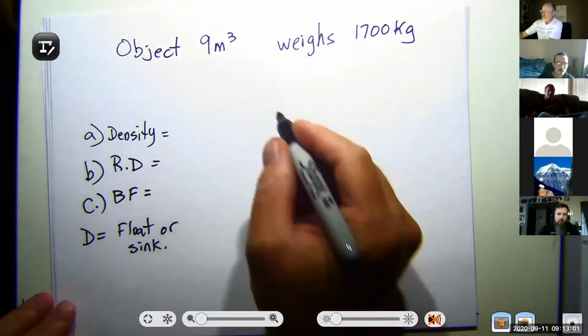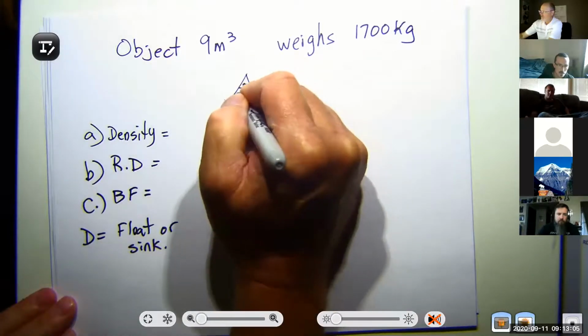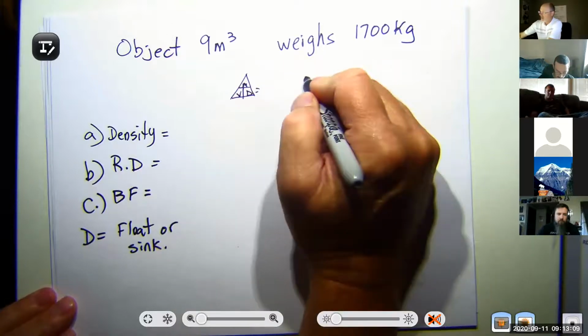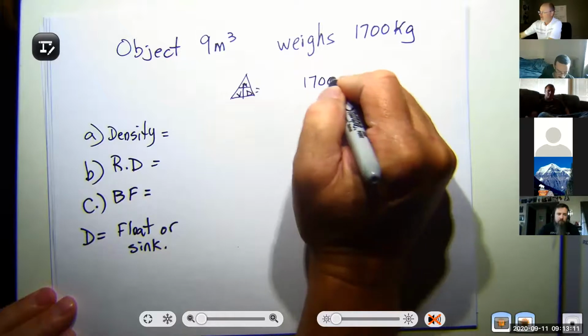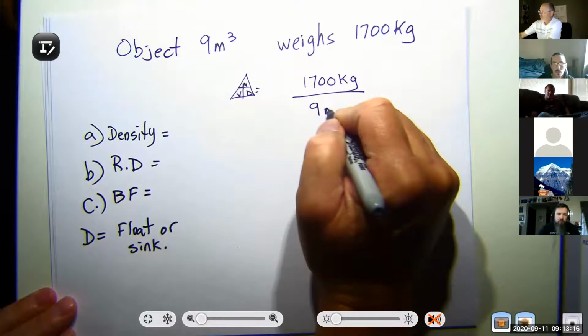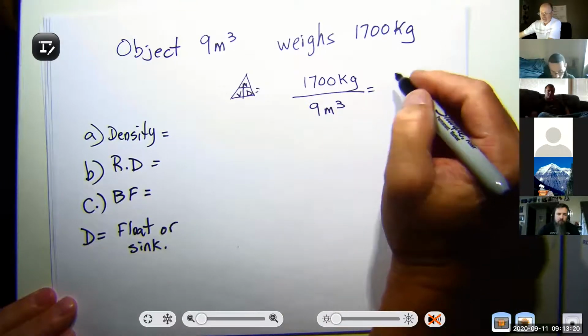So the first thing I do, I have my density triangle: mass, volume, density. So I can find the density by taking the mass, dividing it by my volume, and that will give me my density.